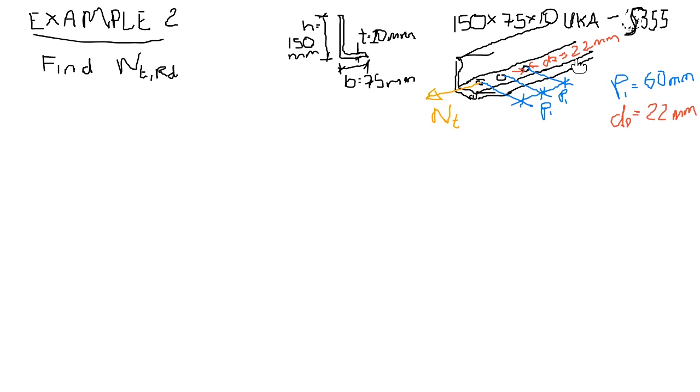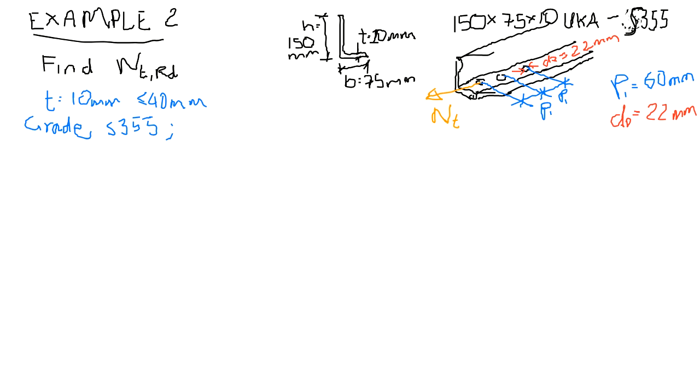So I suppose that will be the first thing that we write down for our solution, where we have the thickness in the member is equal to 10 millimeters, and that's less than or equal to 40 millimeters, and it's this grade of steel, S355.